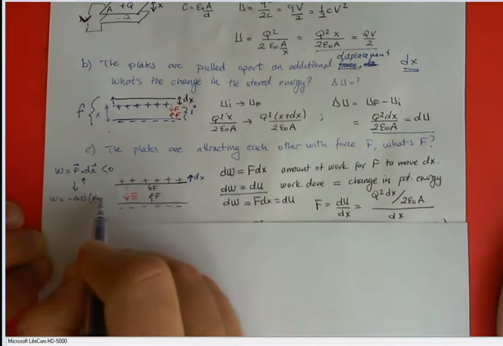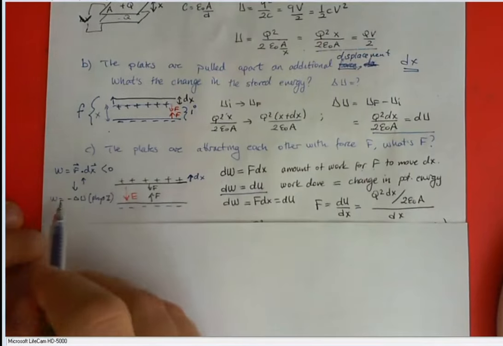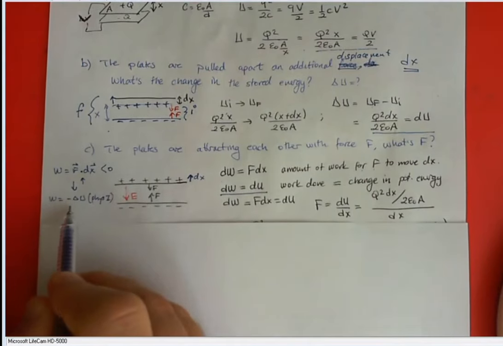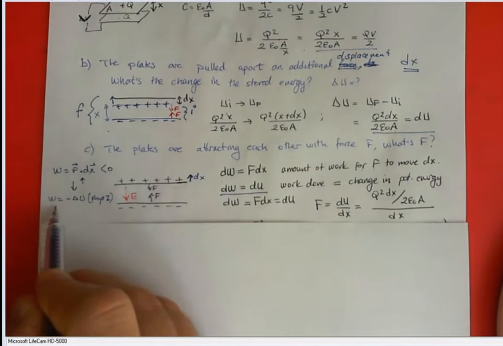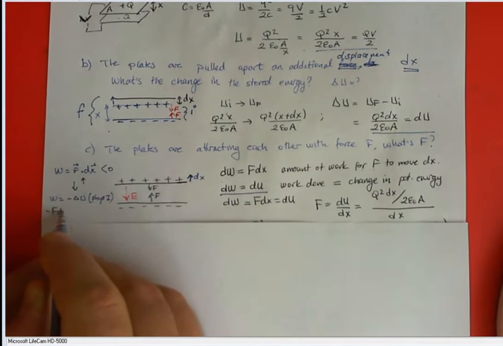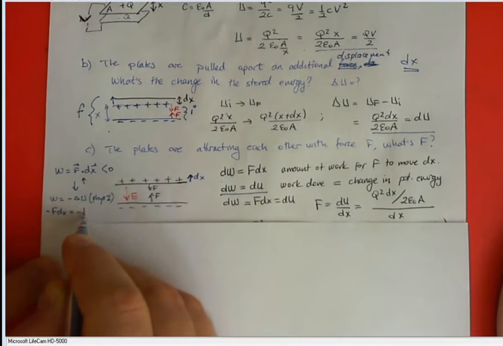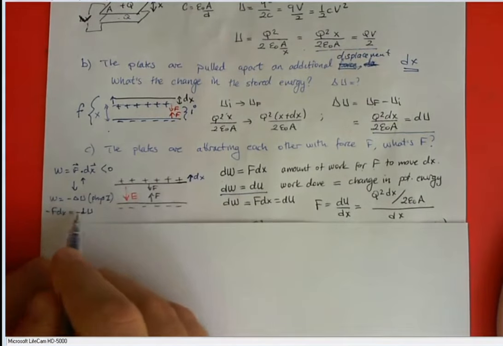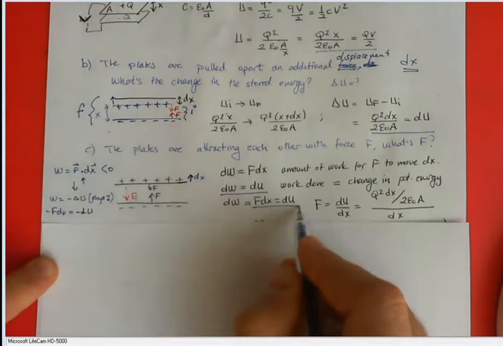From physics 1, we have seen this thing. So the work done is minus delta U. That means if this is the negative part of it, this is equal to minus F dx, and that is equal to minus dU, let's say. So minus minus cancels out. So what you have is this thing, okay?